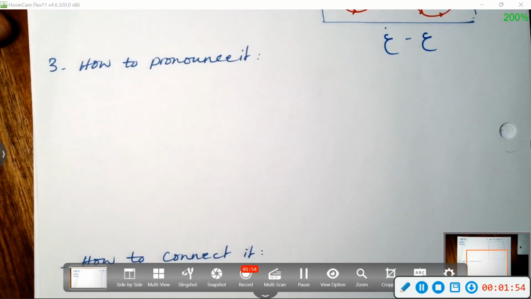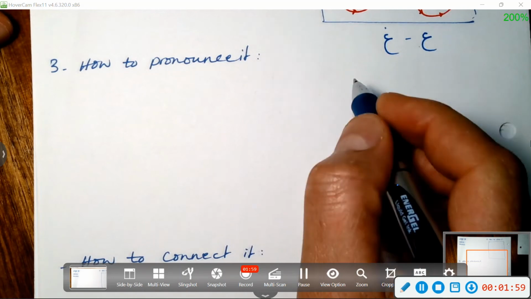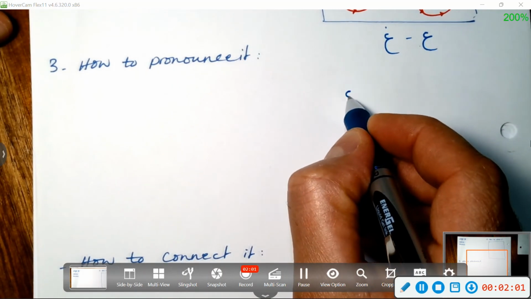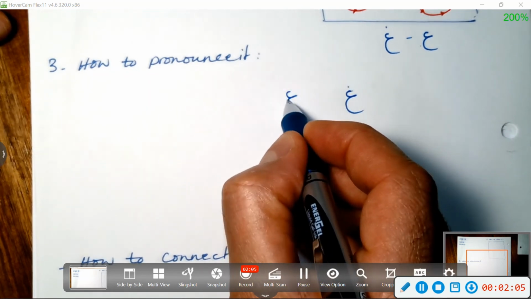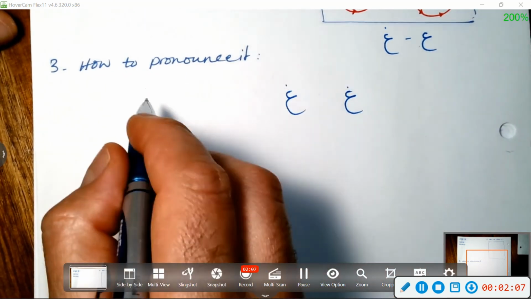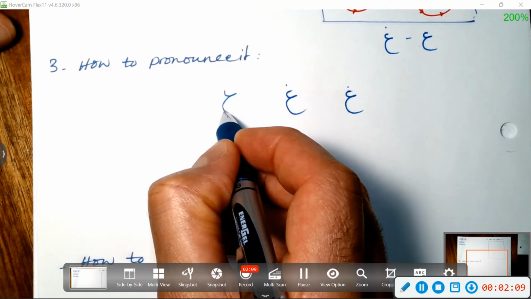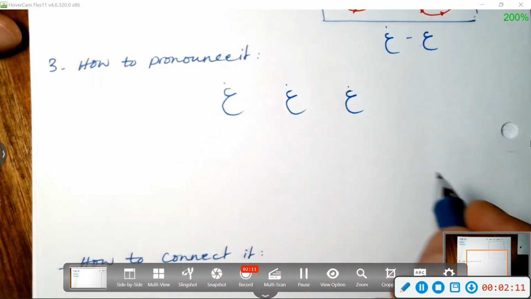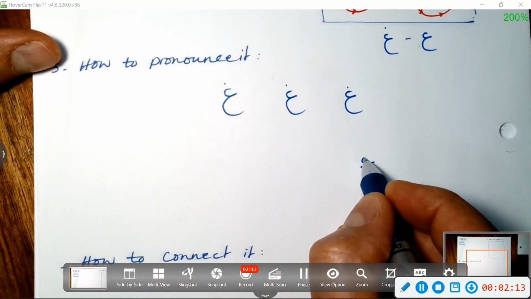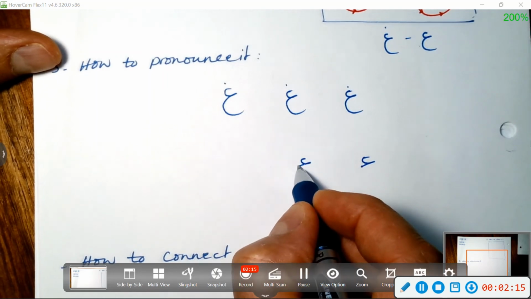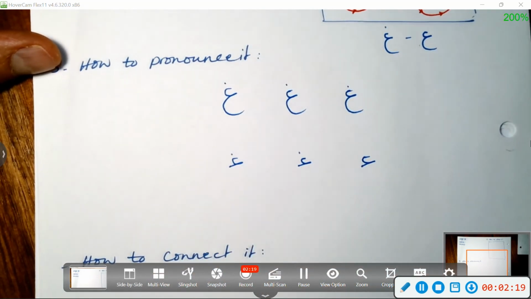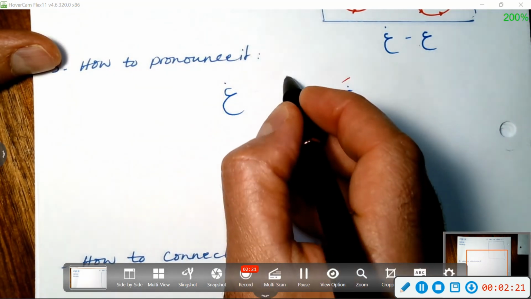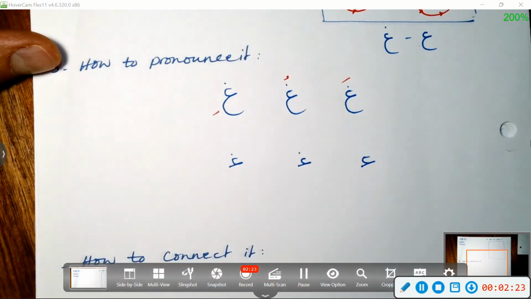How to pronounce Ghain with short vowel, and then when it's connected. Gha, Ghu, Ghi.